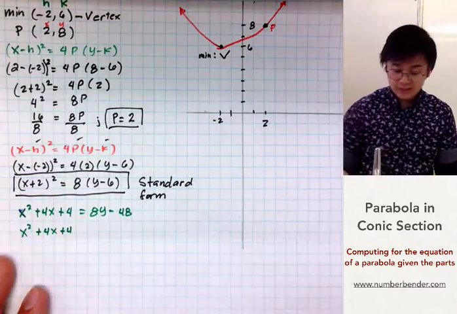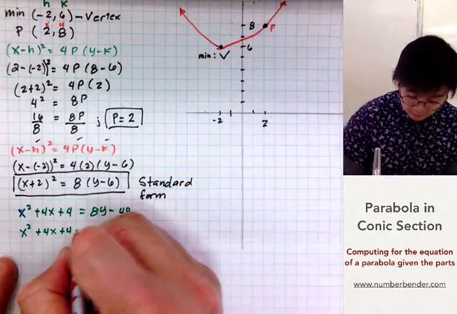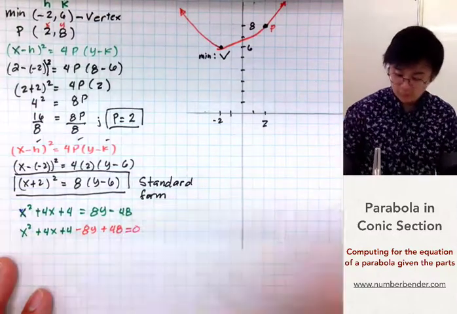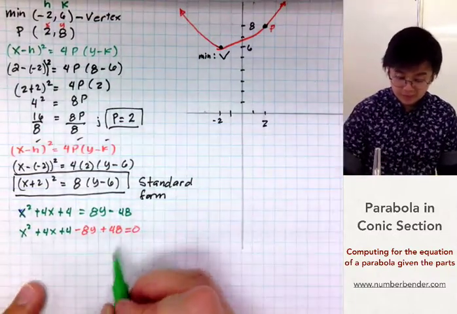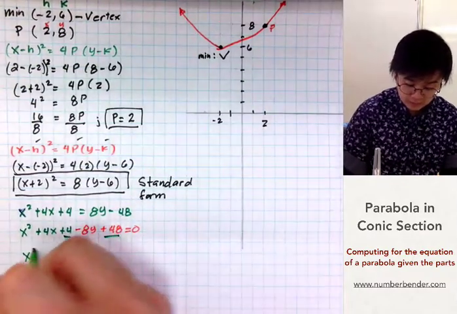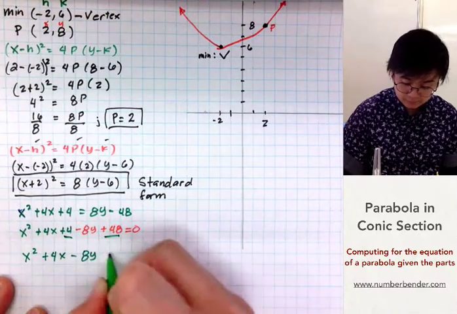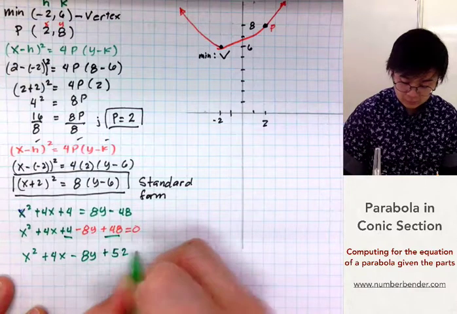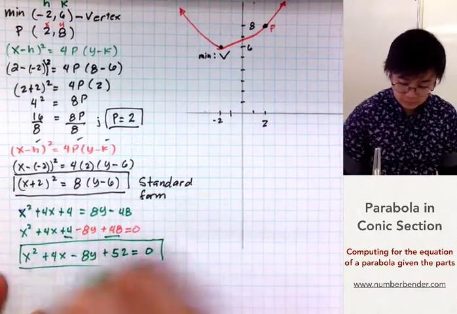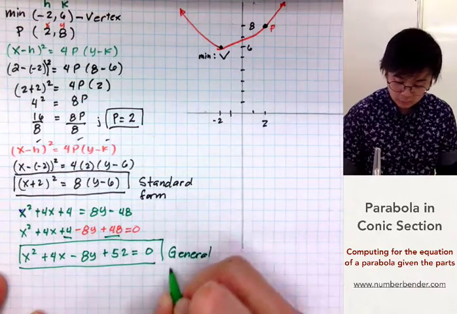So minus 8y and plus 48 on both sides, we'll have negative 8y plus 48 equals 0. And by combining like terms, we will combine 4 and 48, giving us x squared plus 4x minus 8y plus 52 equals 0. And this is our general form.